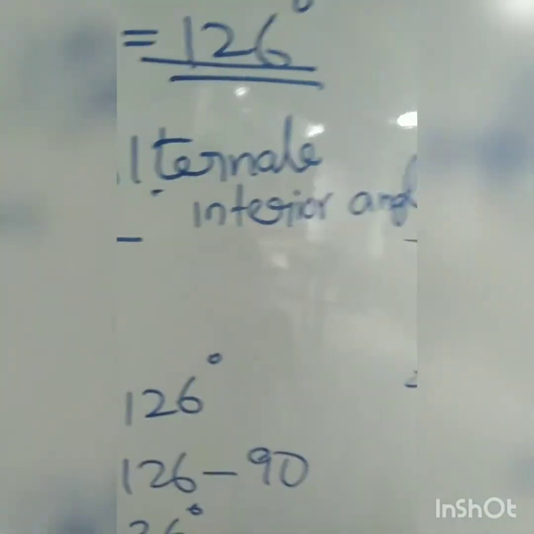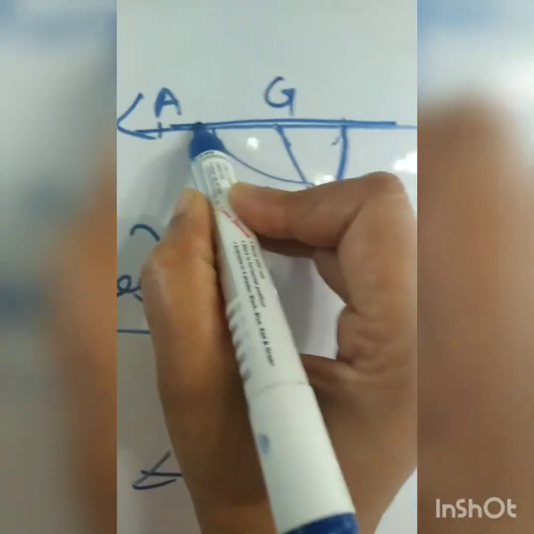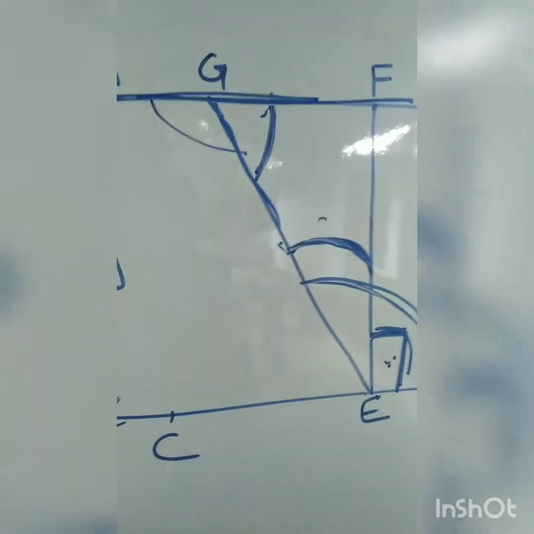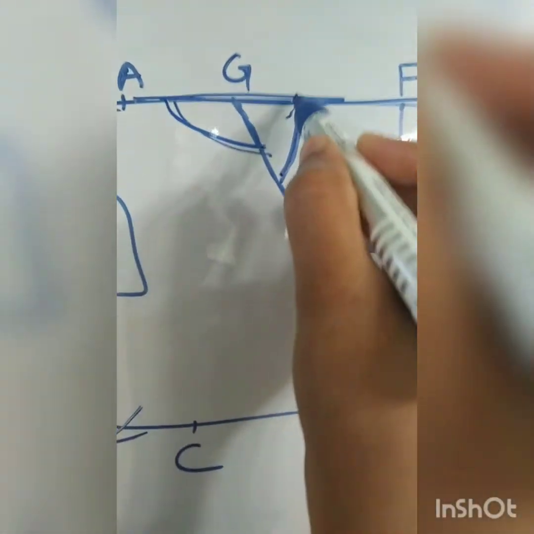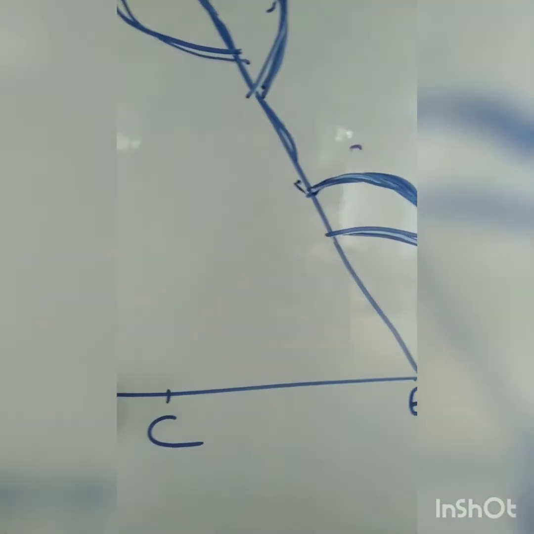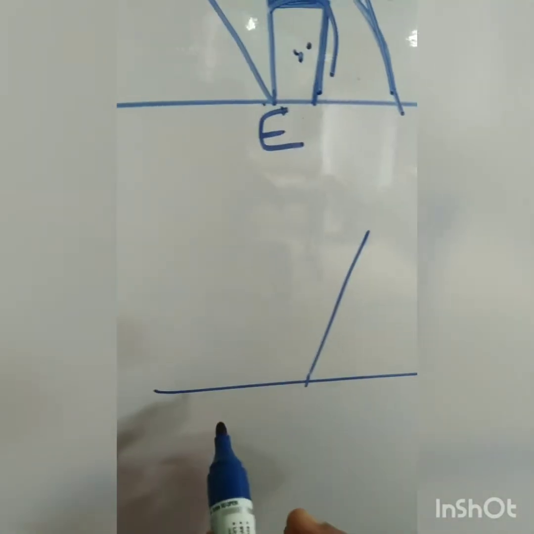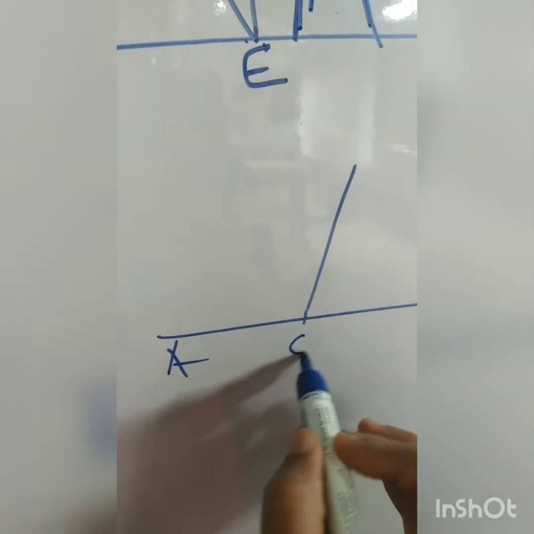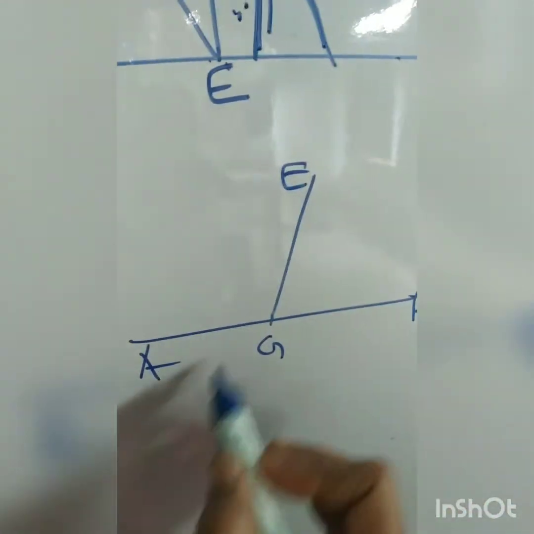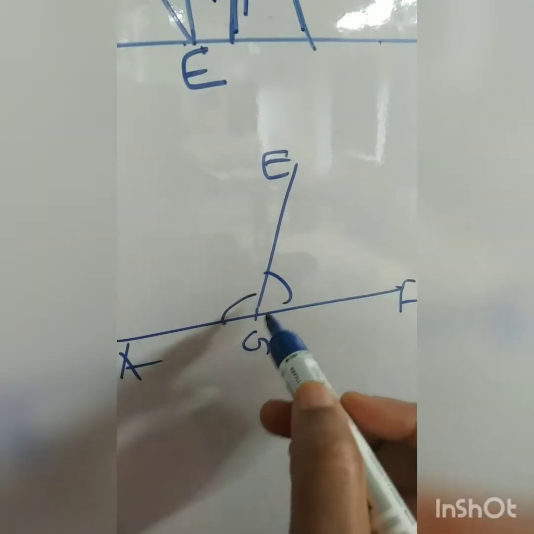Now we have to find this angle. See, a line AB and GE is a ray on it. Then the two angles that form are a linear pair. AGE and EGF, these two angles are a linear pair, hence the sum is 180 degrees.